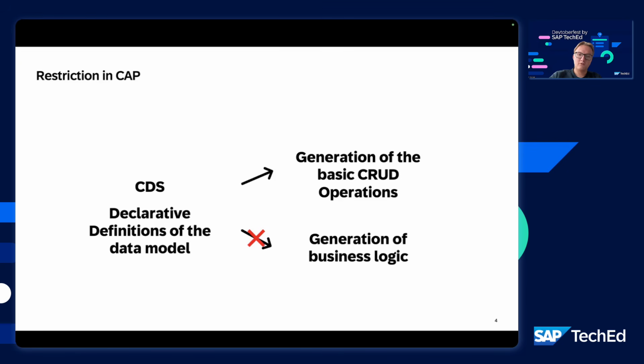But what we cannot do is generate the business logic for that. So some kind of logic that is executed in the background, which is then needed to model the flows, because we need to check what the current status is, if it's allowed, and maybe have to do the change. This is all part of some custom business logic, which cannot be generated from CDS at the moment.